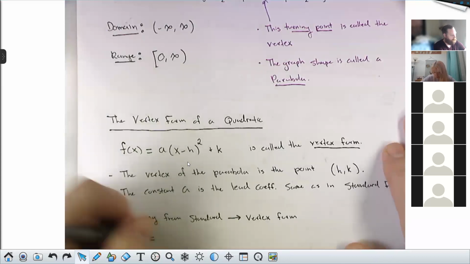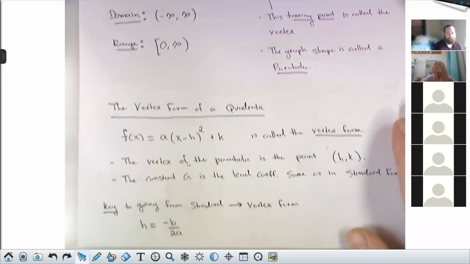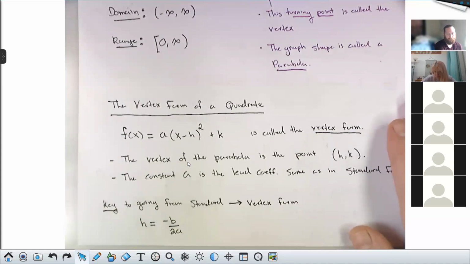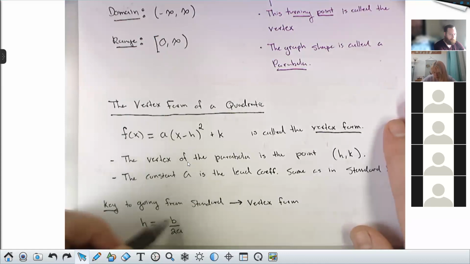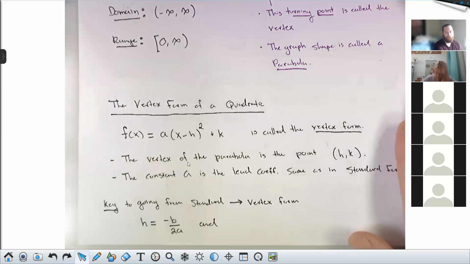h will always be negative b over 2a, where a and b are the coefficients from the standard form. And k is the y coordinate of the vertex. So that's a point on the graph, which means to get that y value, you plug in that x value.